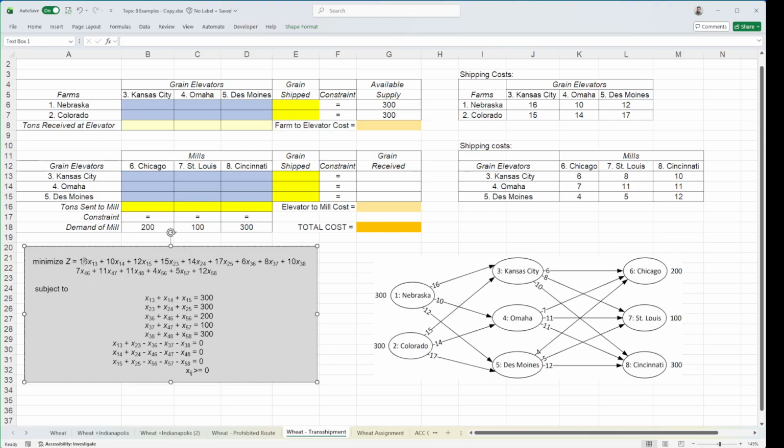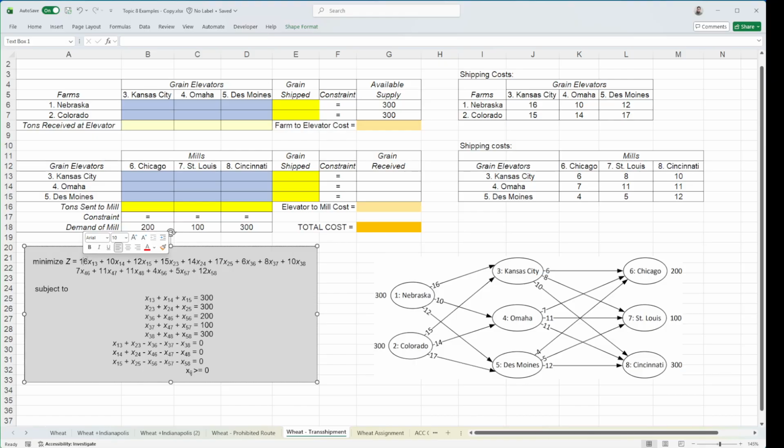We'll define such a variable for each arc. So there are 6 variables on the left part of the network and 9 variables on the right half of the network.